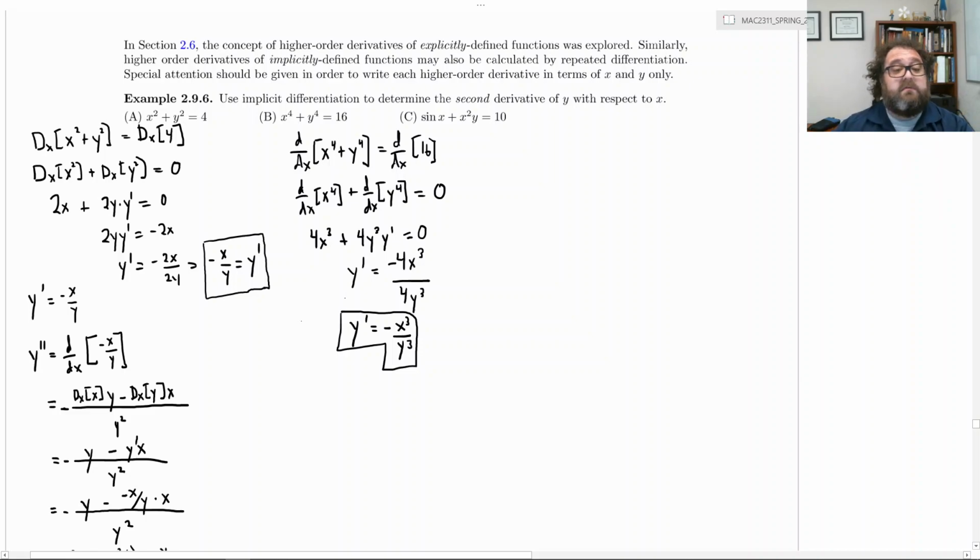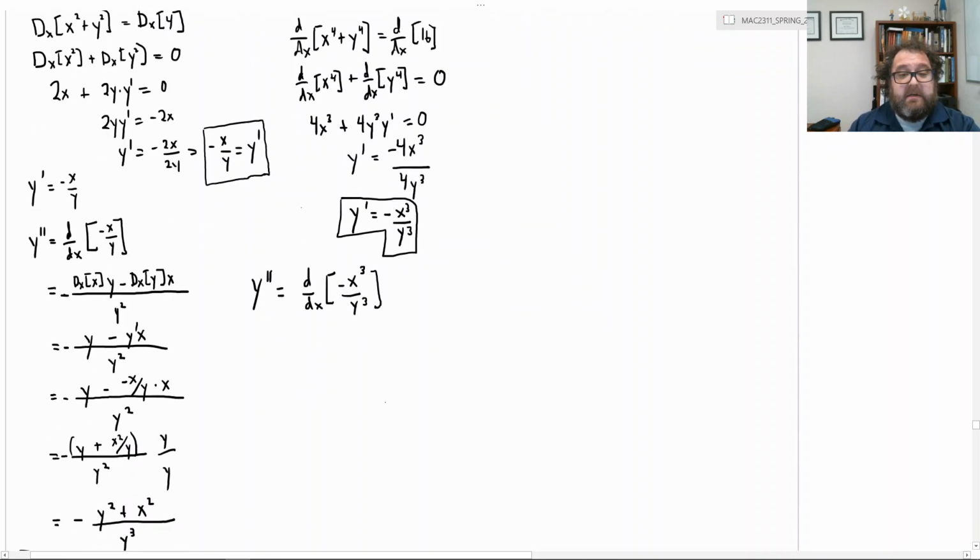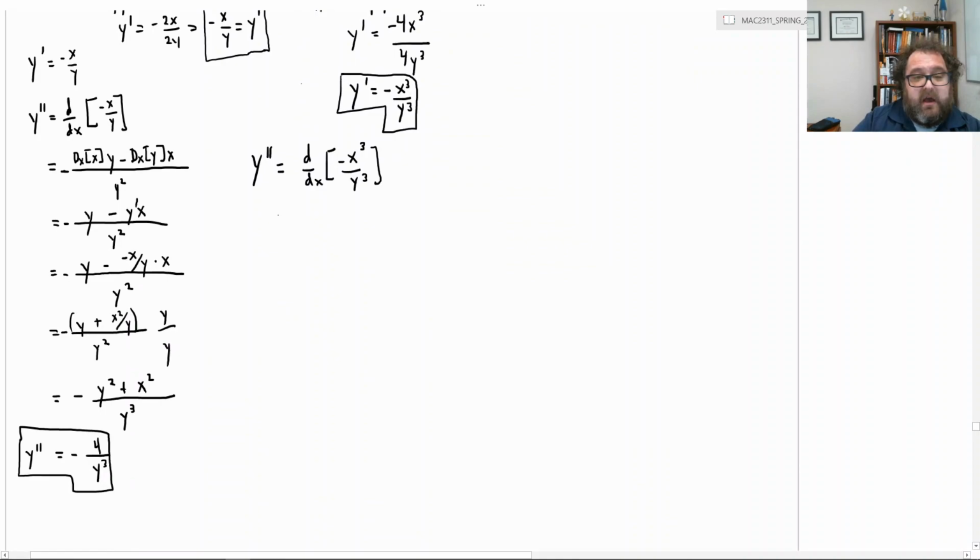Now, if you want the second derivative, we differentiate again. So y double prime equals the derivative with respect to x of negative x cubed over y cubed. So we're going to need to apply the quotient rule yet again. So let's see what we can come up with. I'm going to do the same thing as I did last time. Since the whole quotient is negative, we can apply the constant multiple rule and just put a negative out in front of our quotient rule application.